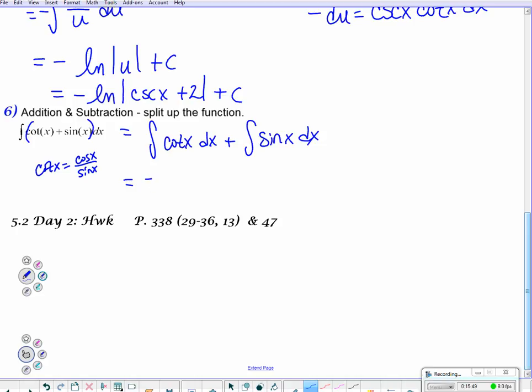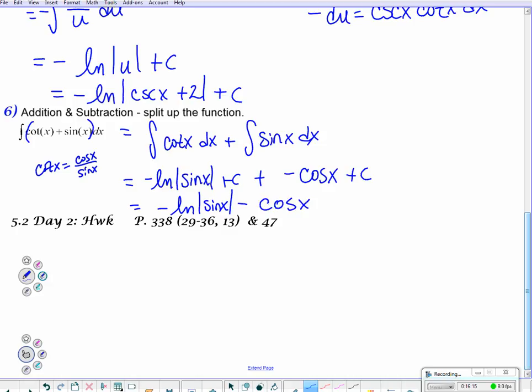So this becomes a negative natural log absolute value of sine x plus some c. The integral of sine is negative cosine x plus some c. And that gives me negative natural log of sine x minus cosine x. Add those c's together. Think of c1, c2 come together to make c.